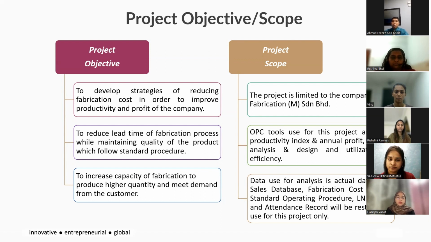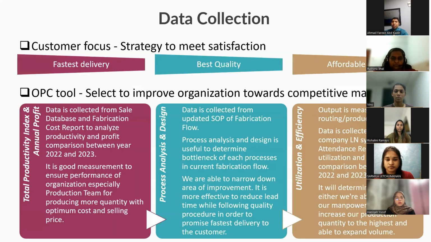The OPC tools used for this project are total productivity index and annual profit, process analysis and design, and utilization efficiency. Data used for analysis is actual data from sales database, fabrication costs, SOP, the LN system, which is our system in the company, itinerary record, and others. Next.